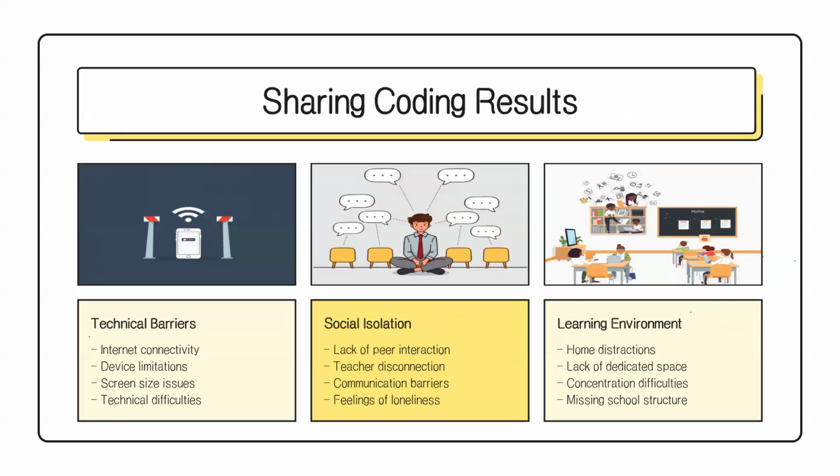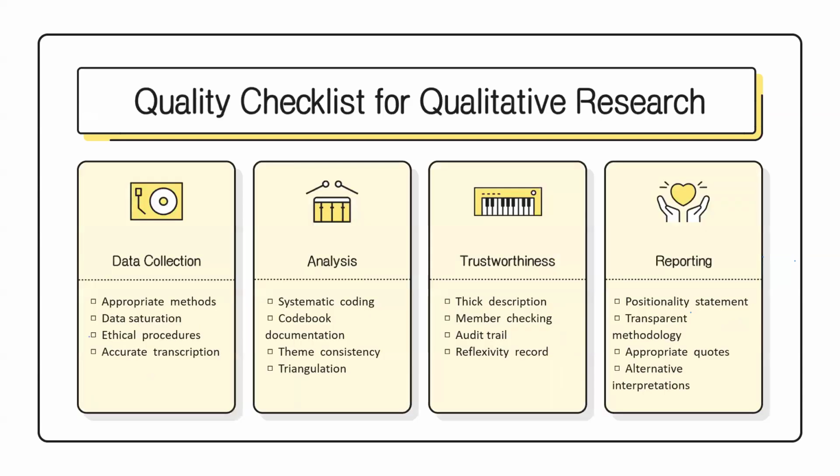After your coding, you can group your codes into themes. For this script, 3 themes emerge: technical barriers, social isolation, and learning environment. This demonstrates the final stage of thematic analysis.